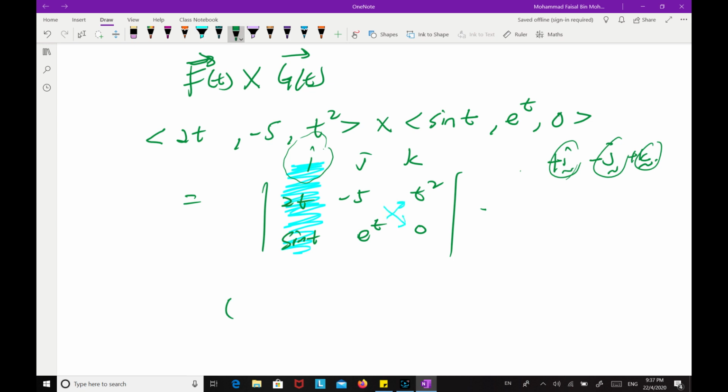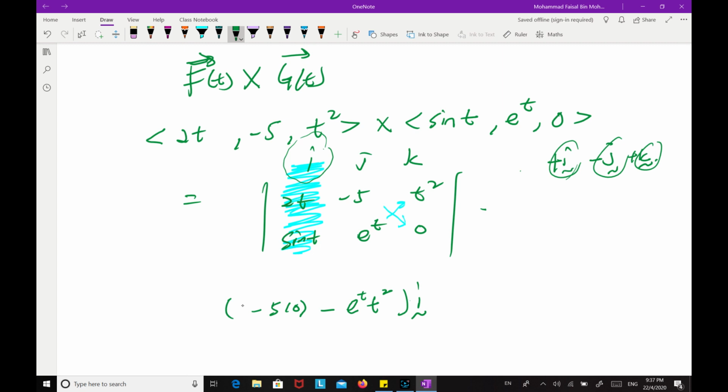I will get negative 5 times 0 minus e^t times t squared. Determinant is ad minus bc. This will be for i.